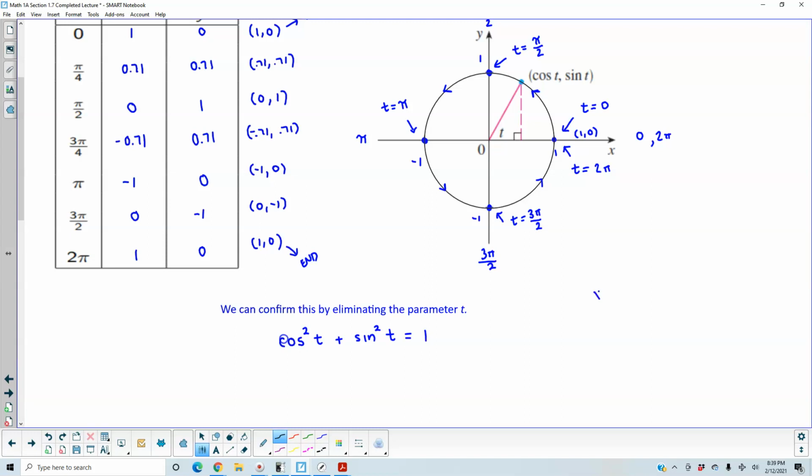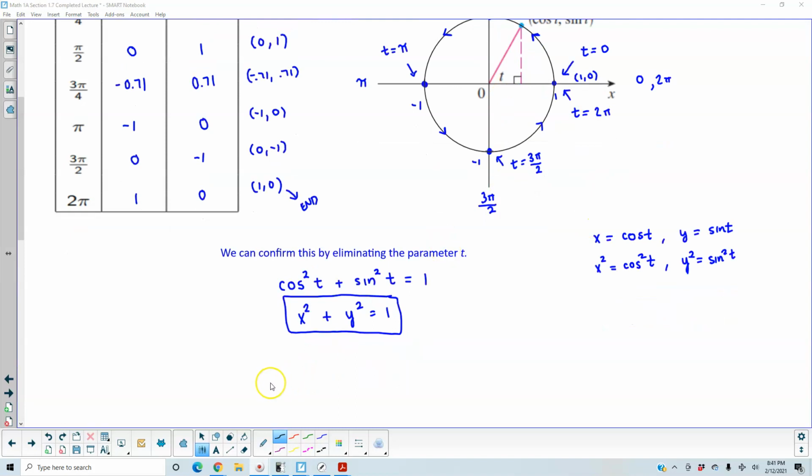Now we can square both sides to get x squared equal to cosine squared t, and y squared equal to sine squared t. So now we can replace cosine squared t with x squared, plus sine squared t with y squared, and that's equal to 1. So again, that represents our circle with radius 1.